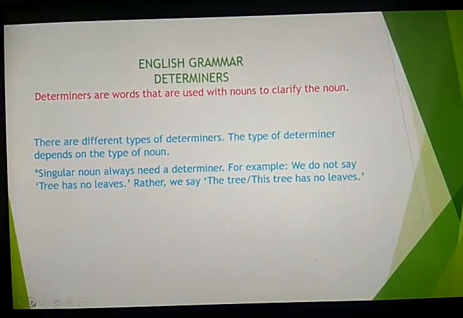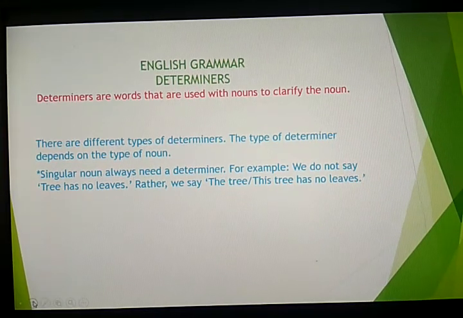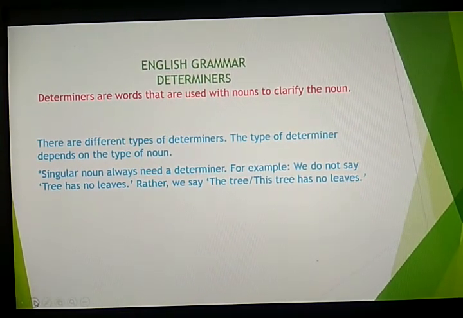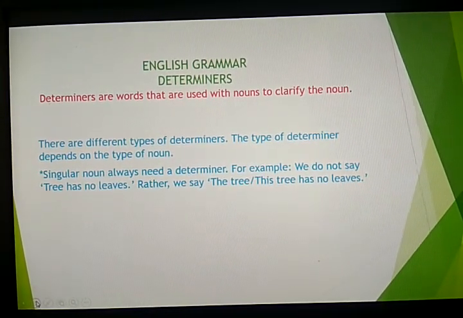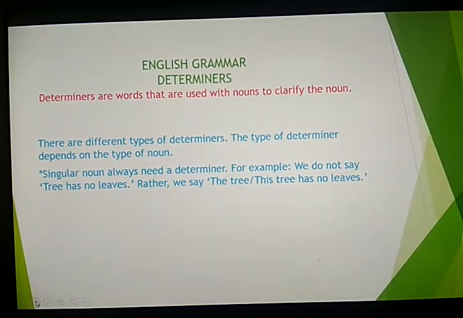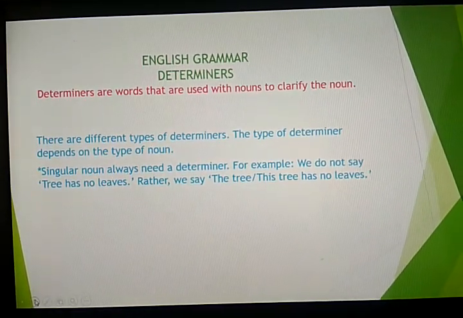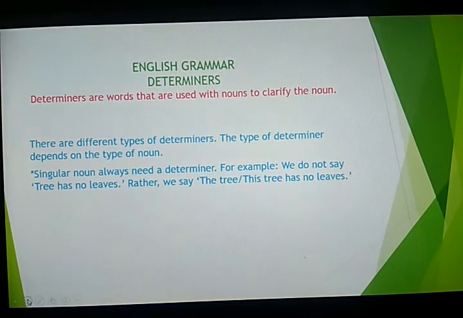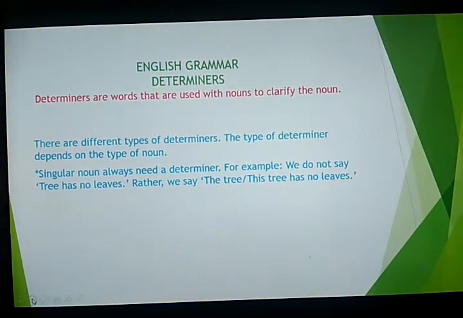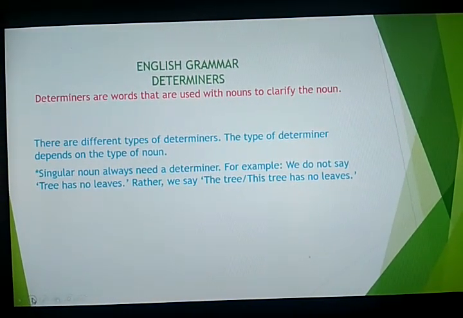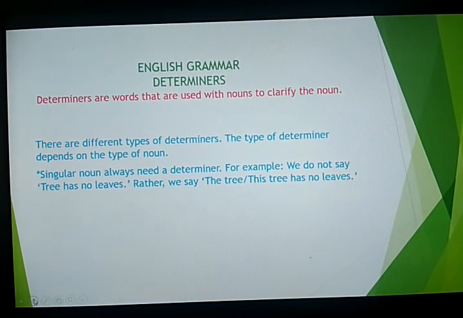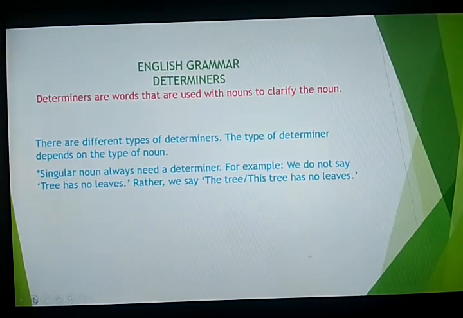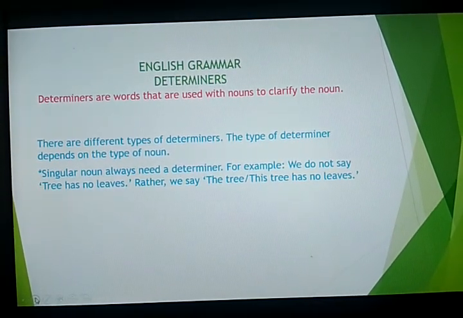In these two sentences, the noun is tree, right? Tree is singular. So since it is singular, we cannot say "tree has no leaves." But we have to use the determiner, that is, "the tree" or "this tree has no leaves." So "the" and "this" are the determiners.